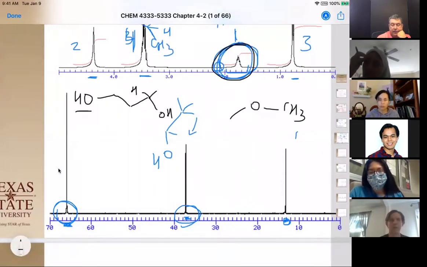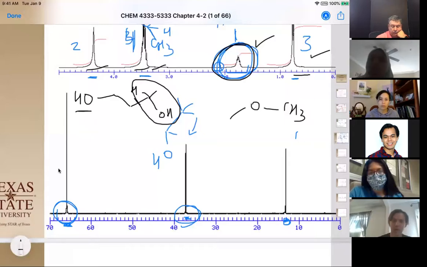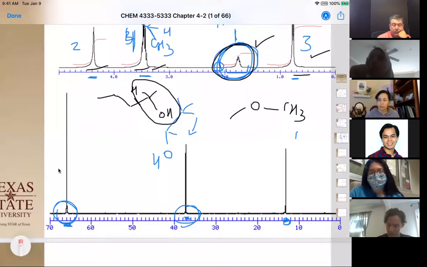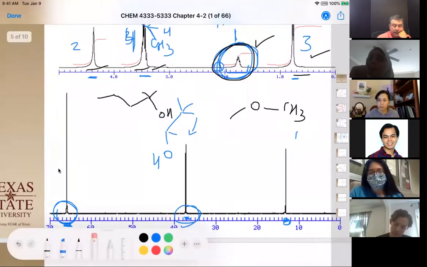This suggests we might have an alcohol here, but then we have a CH2, CH2, CH2, and then a CH3, but the CH3 is split by a hydrogen. So that right there would account for this peak, but not that peak. What if we have ether and alcohol both? Okay, all right, let's try that.